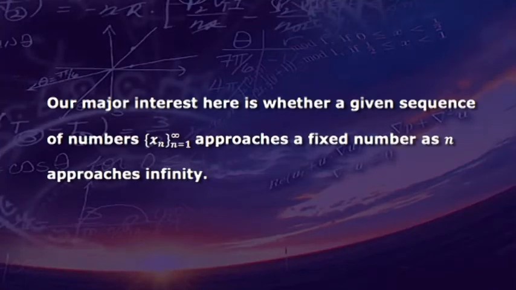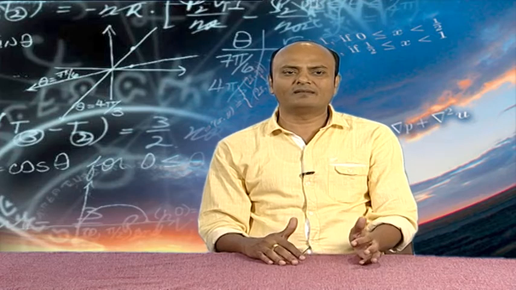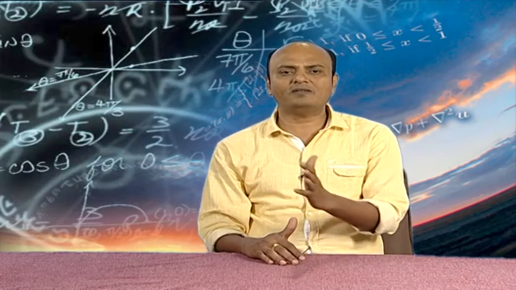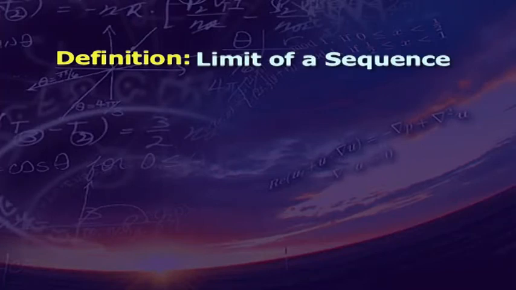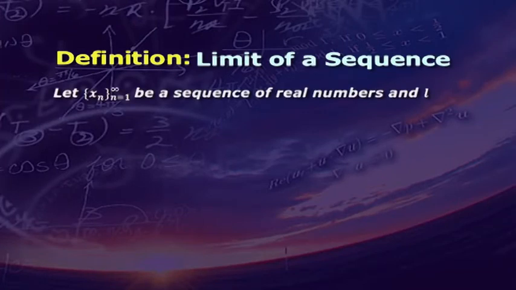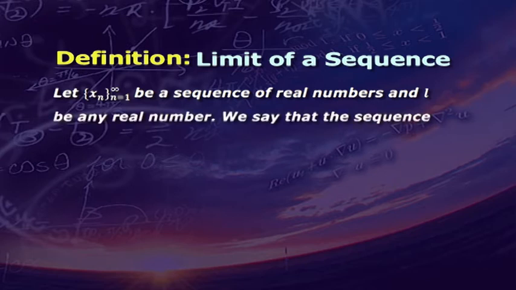Our major interest here is whether a given sequence of numbers x_n approaches a fixed number as n tends to infinity. Let us make this point more precise by defining the limit of a sequence. Definition: limit of a sequence. Let x_n be a sequence of real numbers and L be any real number.